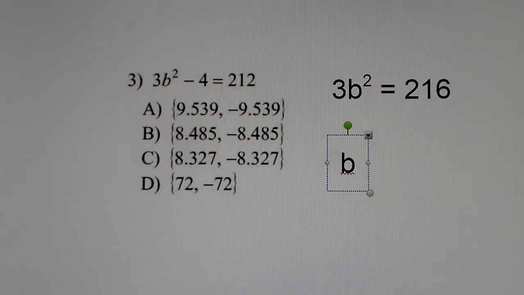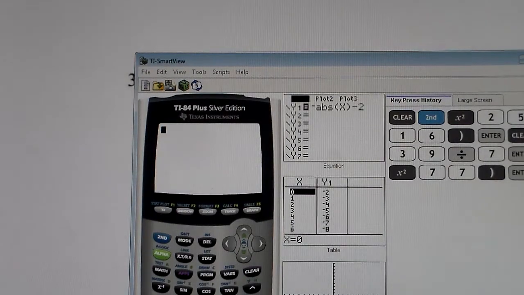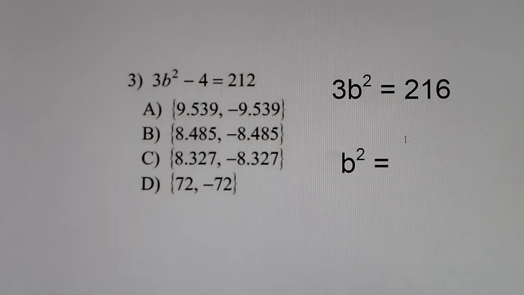So we're going to get b squared is equal to, well, 216 divided by 3. Let's put that in a calculator. And you get 72. So b squared is equal to 72. We take the square root to both sides.